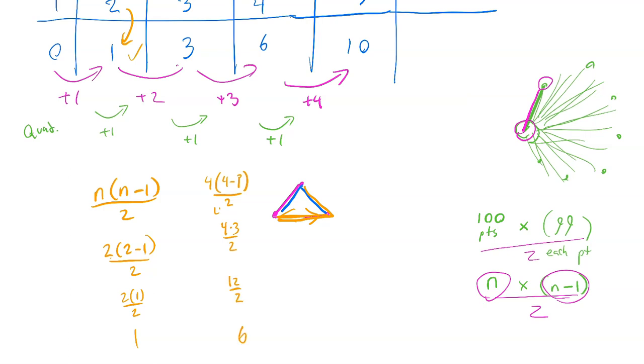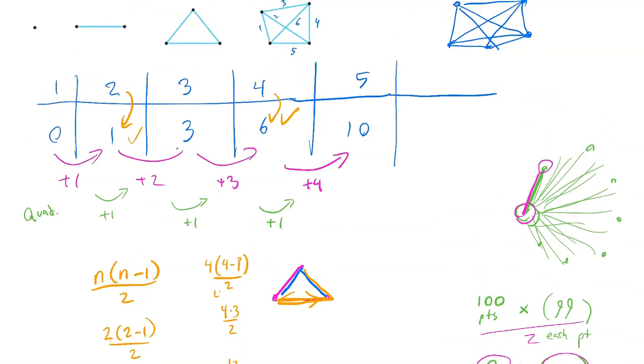That's 6. And sure enough, that's what we got. So for n points, we get n times n minus 1 divided by 2. And for 35 points, we get 35 times 35 minus 1, or 34, over 2. And I don't know what that is. We'll just smash that into a calculator.